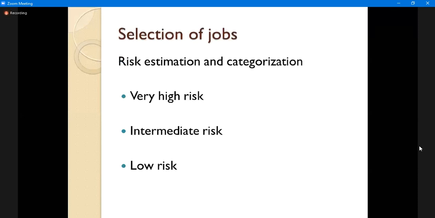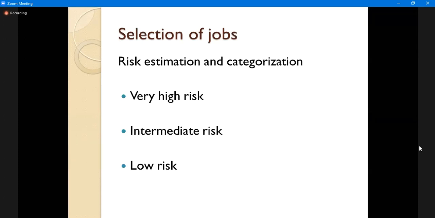Now the selection of jobs. People already started doing what is called risk categorization. So estimate the risk and then categorize: high risk, very high risk, intermediate risk, and low risk. And then, when they do that, they look at how much remuneration or how much earning these jobs give you. Let's say you can do a high risk job and it gives you a lot of money, and somebody might think about it.